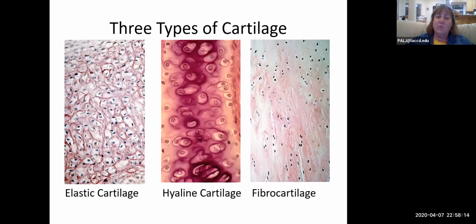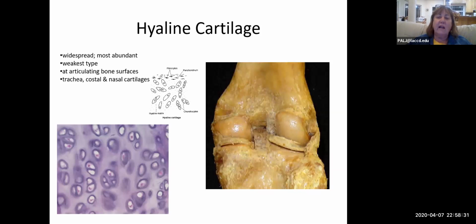So as you recall, we had the three types of cartilage: the hyaline cartilage, elastic cartilage, and fiber cartilage. If you need to, go back, read the books, and refresh your memory about what each type does and how it looks. So let's talk a little bit about hyaline cartilage.